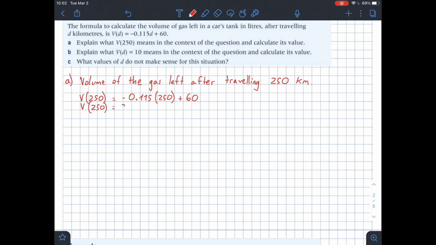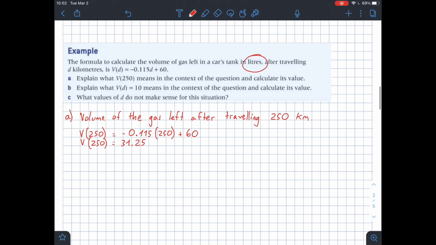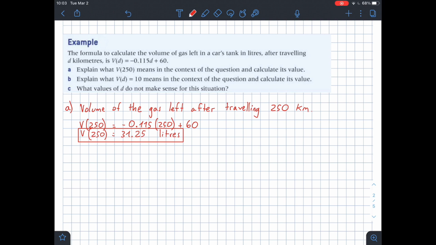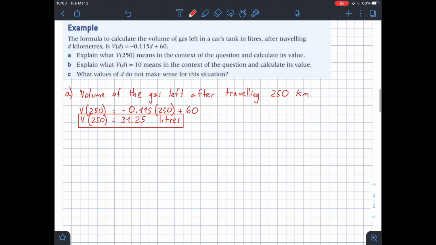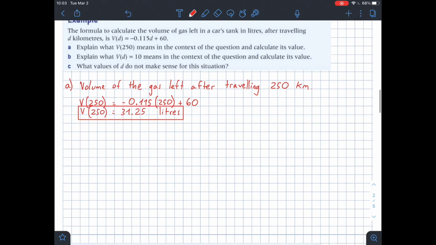I get 31.25, and the unit of measurement is liters. So this is the answer for part A. After covering 250 kilometers, I have 31.25 liters of gas left in my tank.